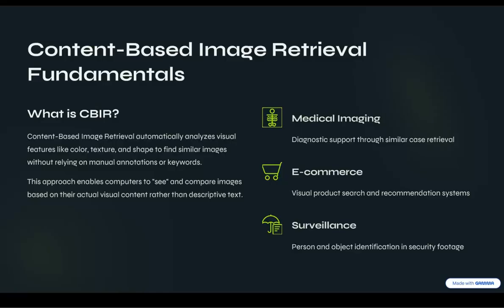Unlike manual tagging, which is subjective and error-prone, CBIR enables the computer to see the image by looking directly at the pixels and patterns. This bridges the gap between human visual perception and computational analysis, making it a cornerstone of modern image search systems.